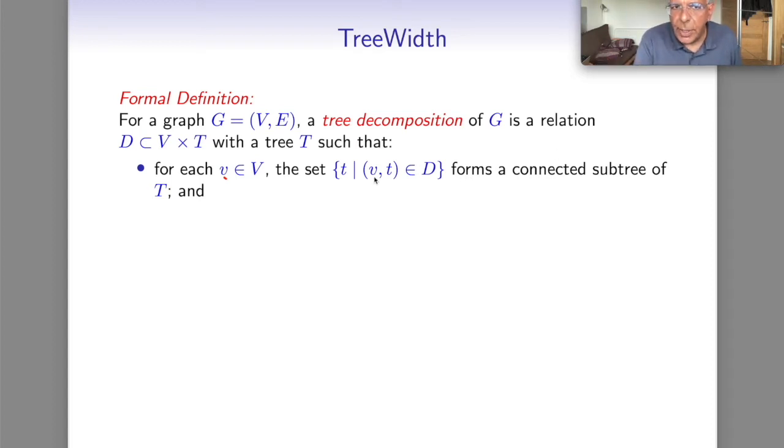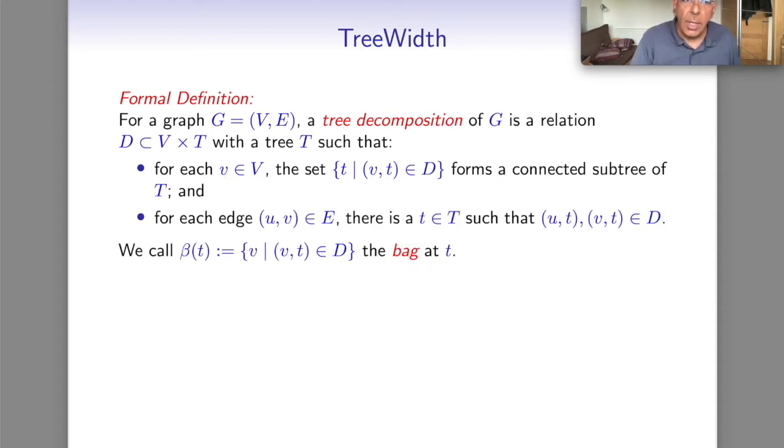If the vertex V appears in the set of vertices associated with, let's say, 2 distinct nodes of the tree, then it has to appear everywhere along the path between those 2 nodes. That's another way of stating this condition.